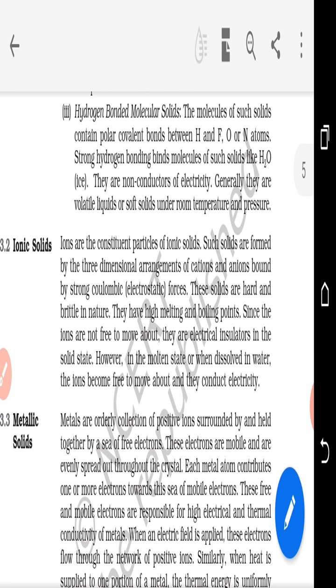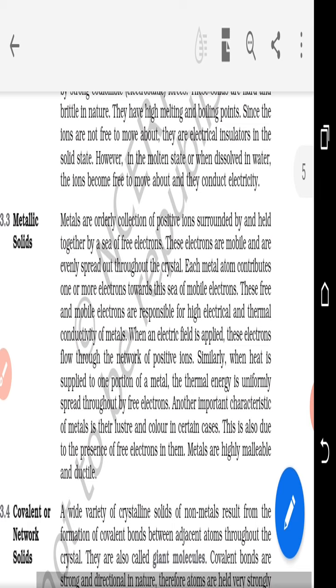Since the ions are not free to move about, they are electrical insulators in the solid state. However, in the molten state or aqueous state, these ions are free to move and hence they can conduct electricity.